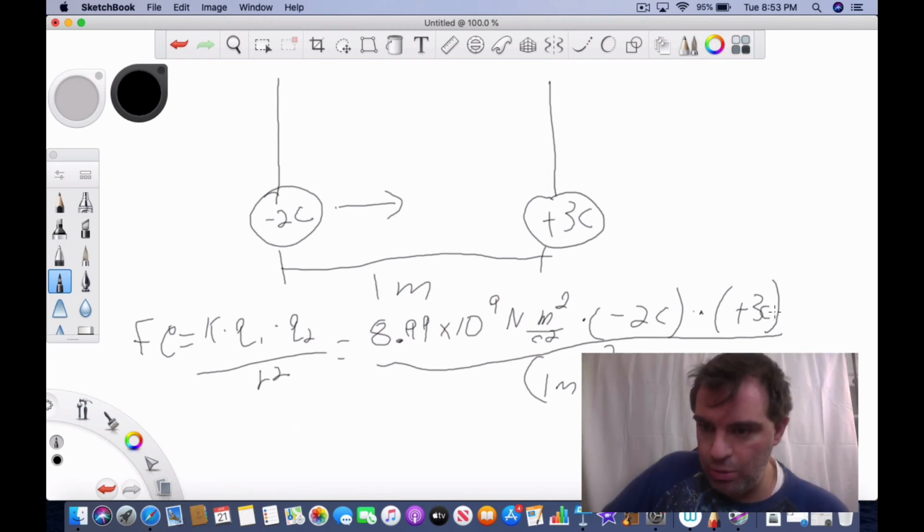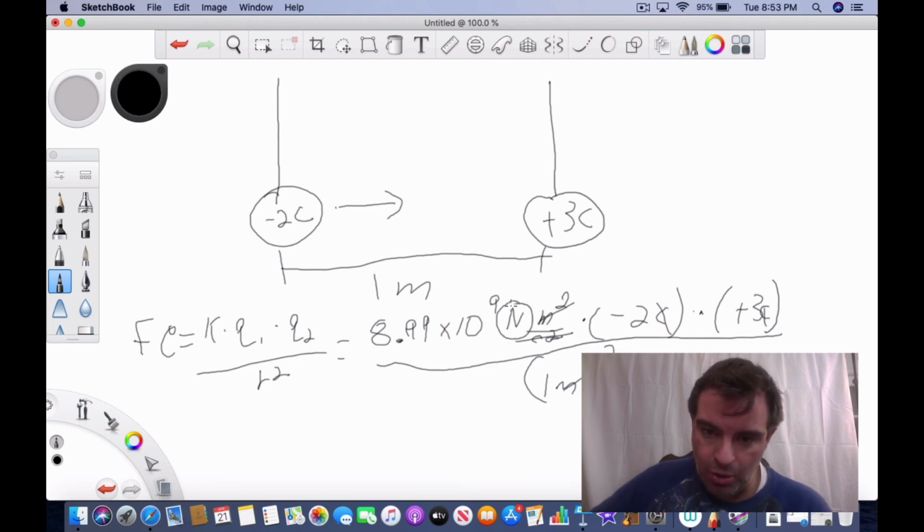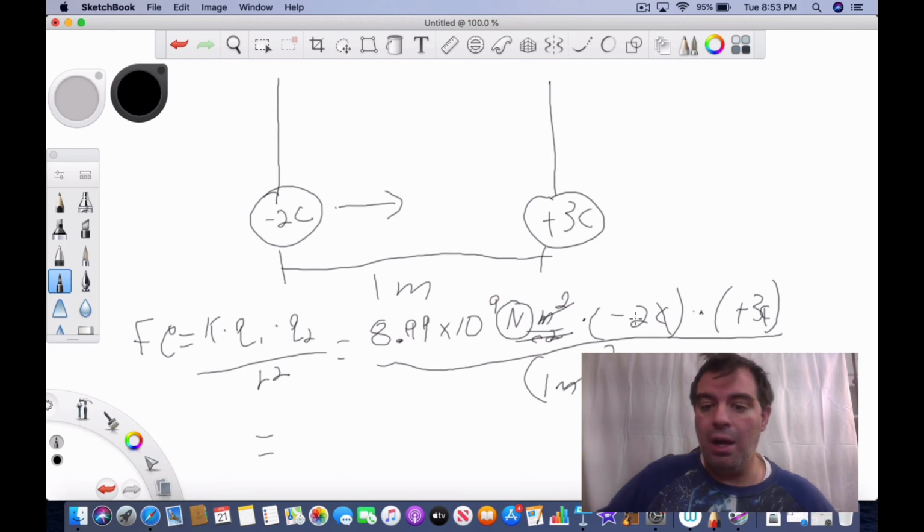Coulombs times coulombs is coulombs squared, so these units cancel out. Meters squared divided by meters squared, those units cancel out too. The only thing that remains is newtons, so we can now multiply: 8.99 times 10 to the ninth times -2 times +3.